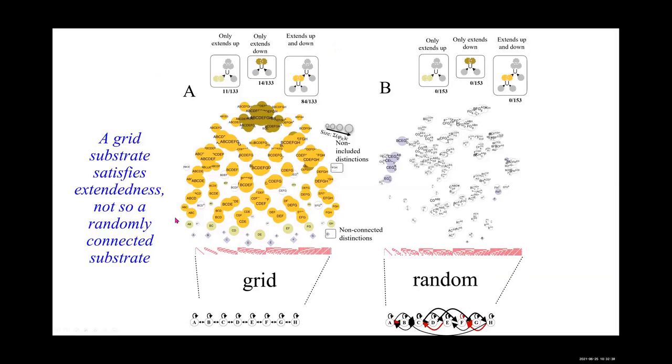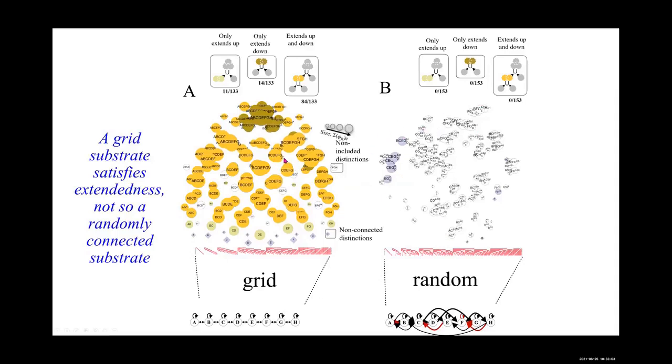I will not really explain this slide except for saying a grid-like substrate unfolded satisfies, here in gold, the properties of extendedness, those four properties of reflexivity, connection, fusion, and inclusion. And a similar substrate in terms of number of neurons and connections, but arranged at random, once you unfold it, you get distinctions, you get relations of some sort, but absolutely no extendedness.